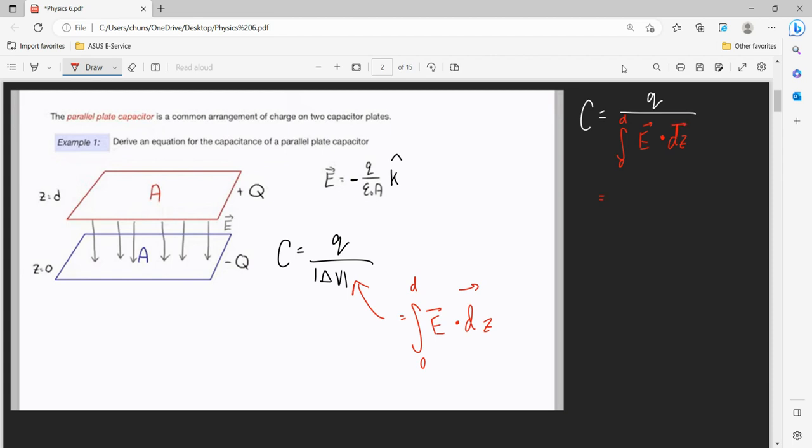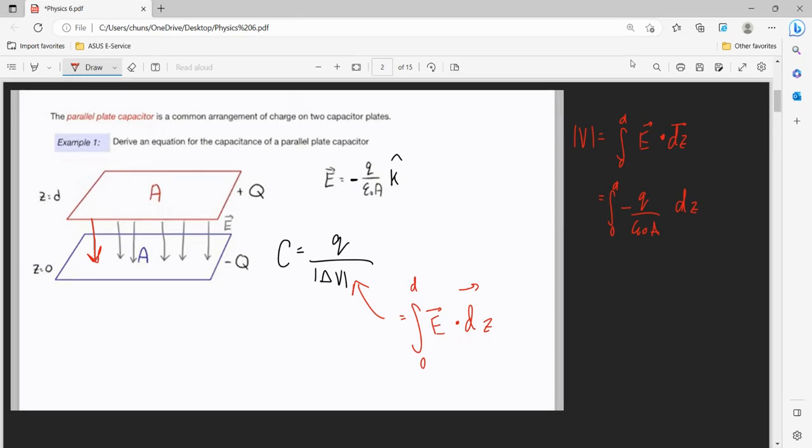Right, actually no, let's just start only with our potential difference first. This dot product goes away because the path that the electric field takes is just directly downward, so it's completely straight. So we're going to keep our integral, and now subbing in for our E value, times dz.